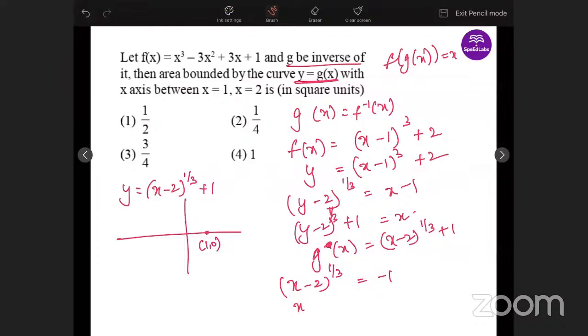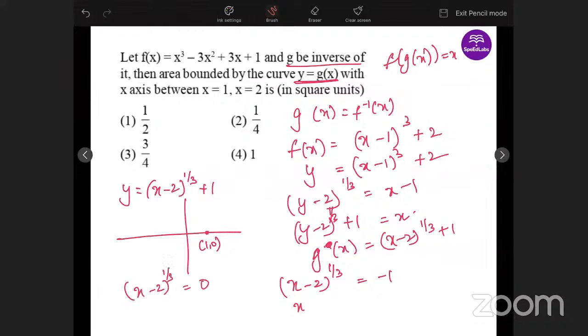And what is the next point with the x-axis? If you substitute x as 0, then what would be the value of y? Sir, this will come out messy. If y is equal to 1, then x minus 2 whole raised to 1 upon 3 equals 0, right?